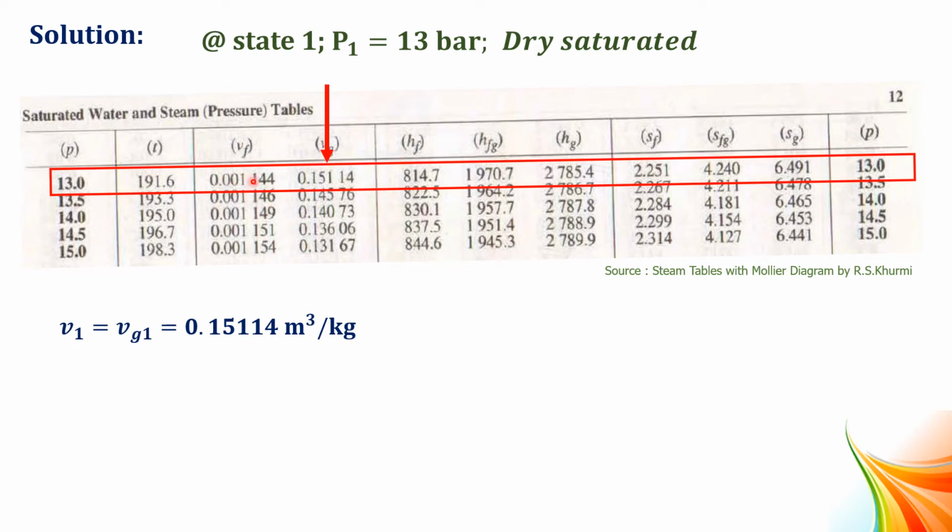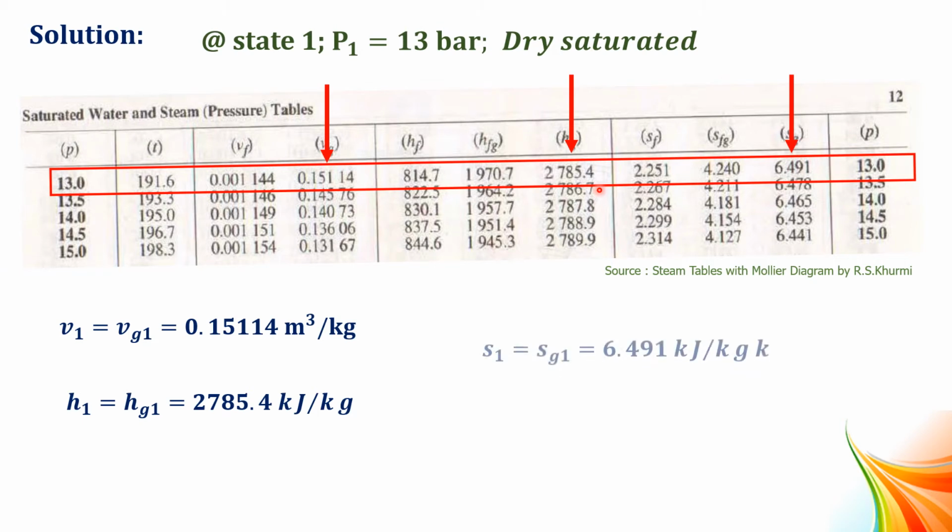So from the steam table, we can take the value corresponding to 13 bar pressure, which is 0.015114 meter cube per kilogram. Then I have to take the value of Hg. We know H1 equal to Hg1, which is 2785.4 kilojoule per kilogram. Then S1 equal to Sg1, which is 6.491 kilojoule per kilogram Kelvin.